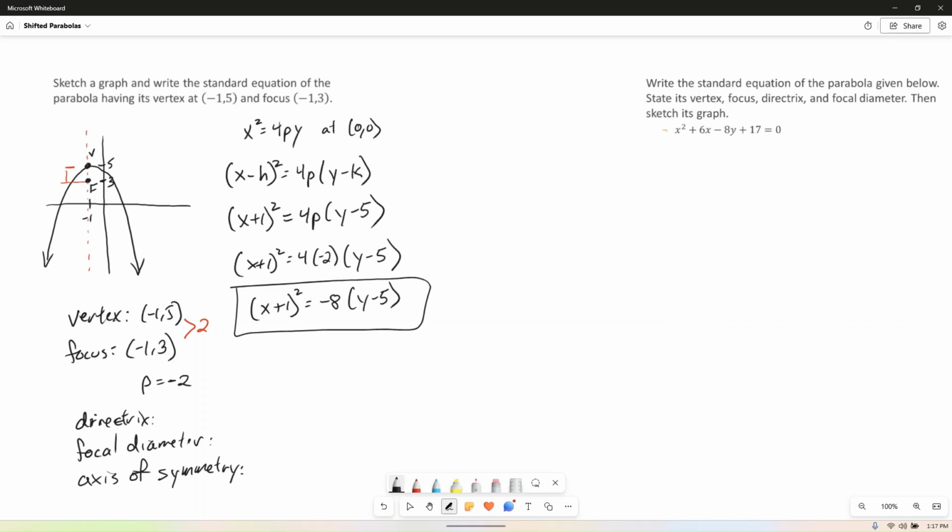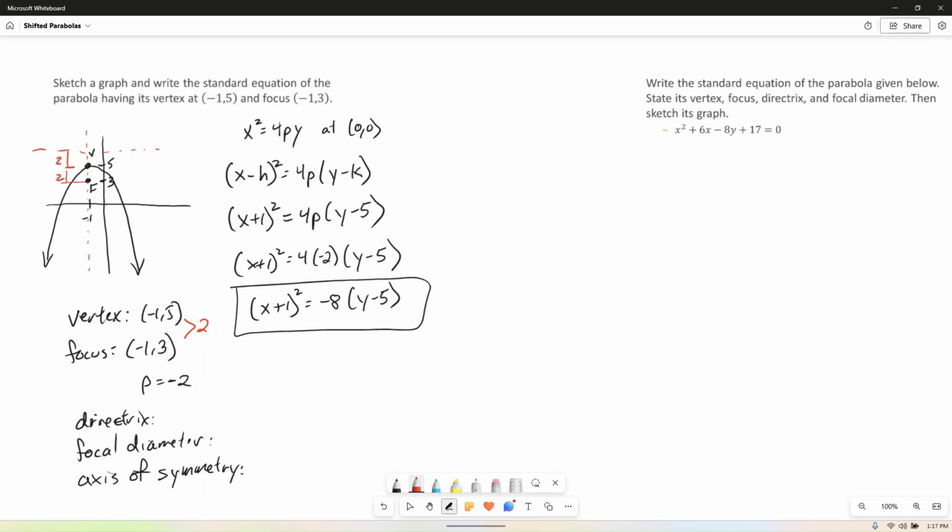directrix is, since this is a vertical parabola, we're going to have a horizontal directrix. And the distance from the directrix to the vertex is also the same as the distance from the focus to the vertex. So if the focus is 2 units away from the vertex, then the directrix is also going to be 2 units away from the vertex.